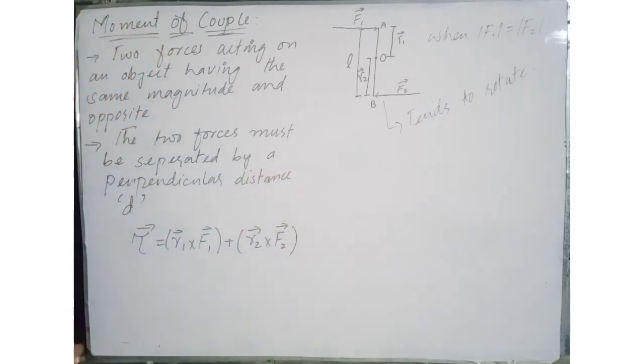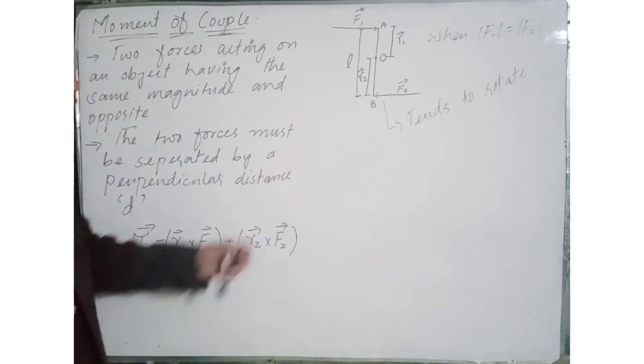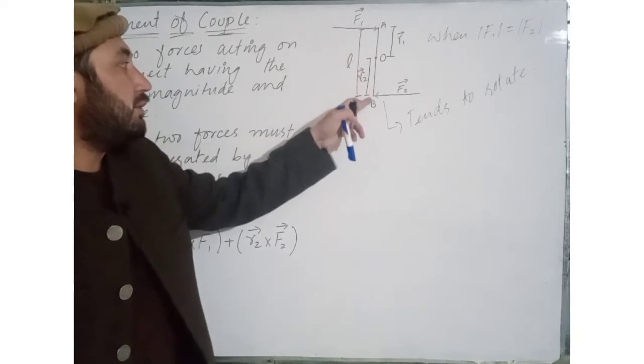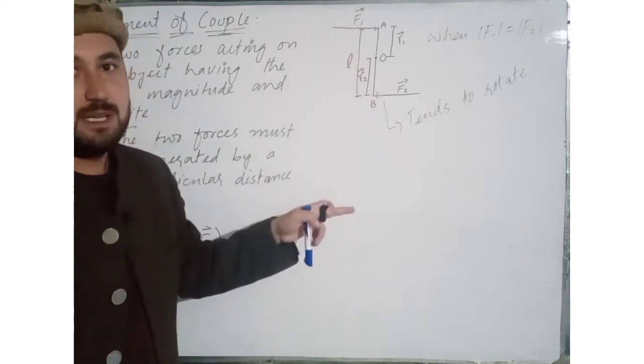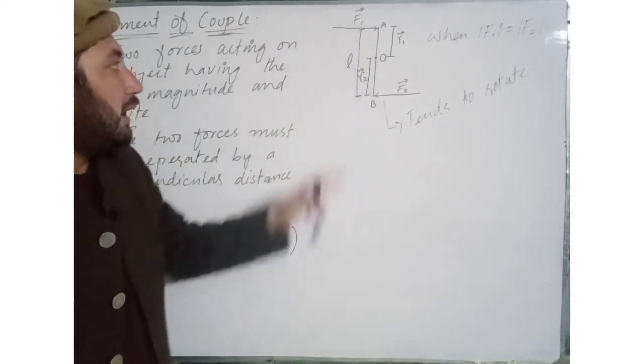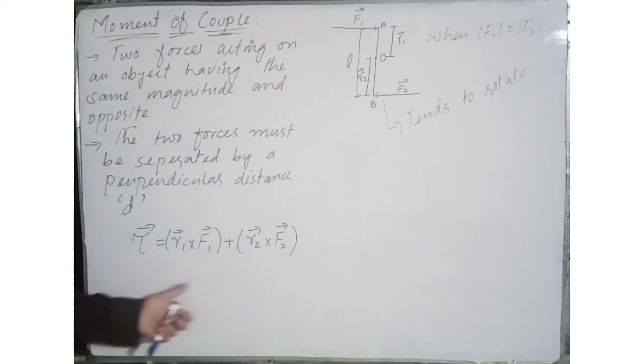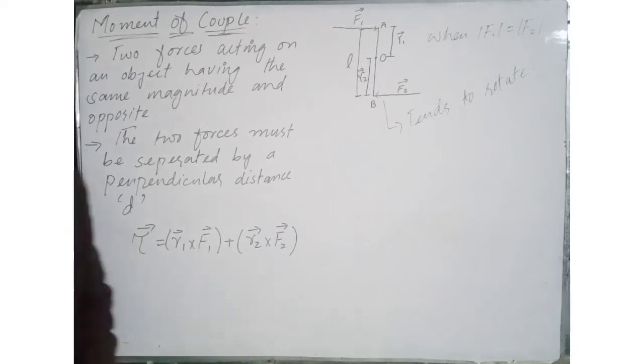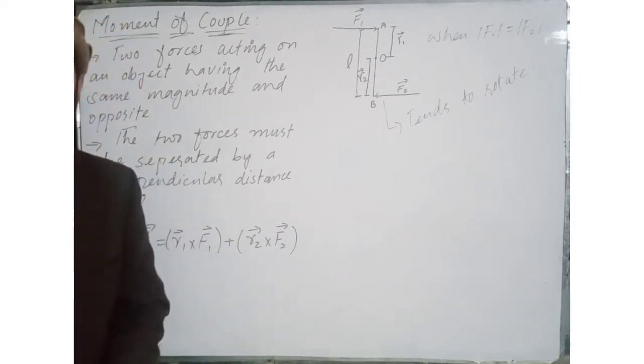The net torque is the sum of the individual torques produced by these two forces. So as a whole, we can find the torque using this expression. This is how we define moment of couple. Due to a couple, if a rotation is produced, that is what we call moment of couple.